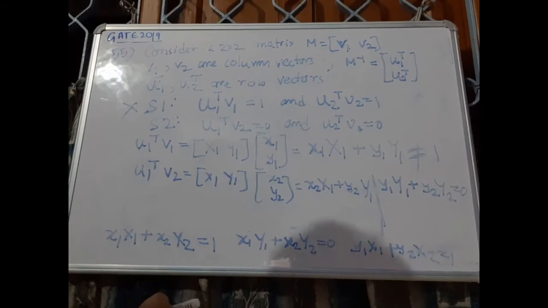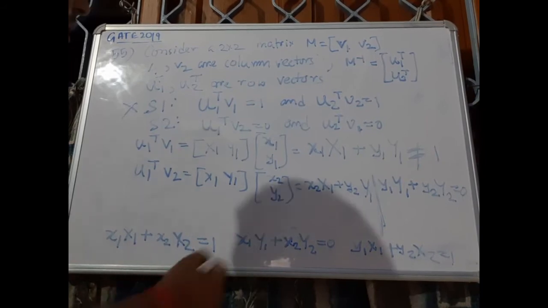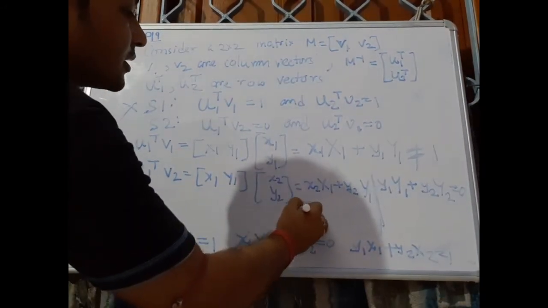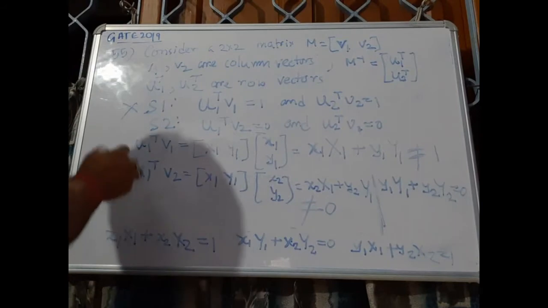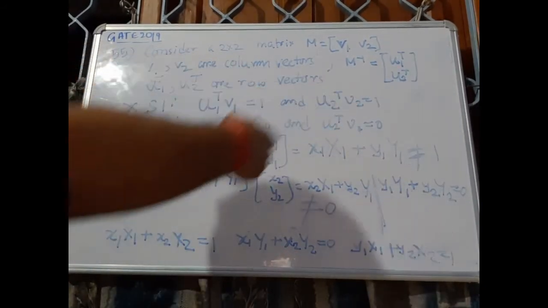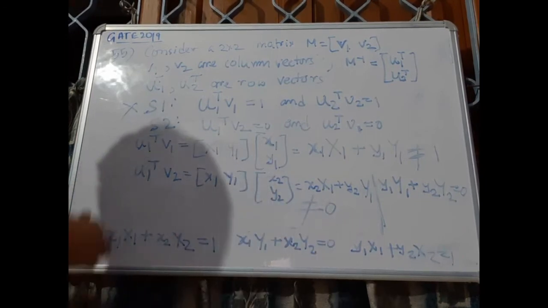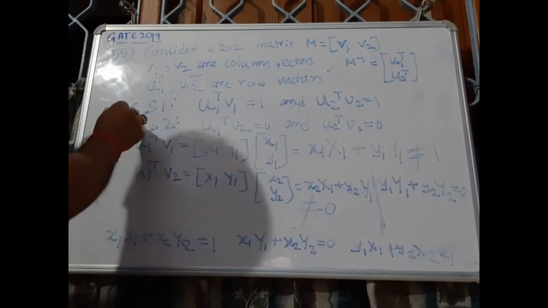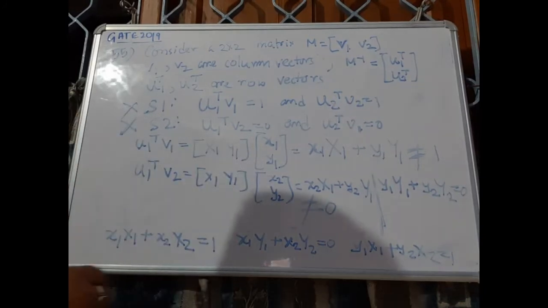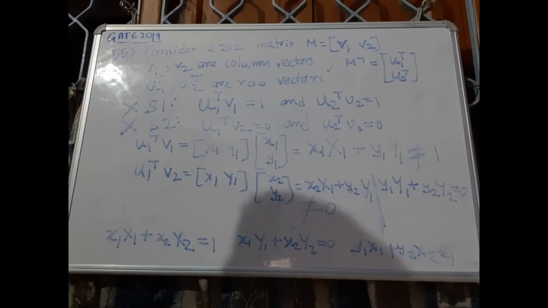So from the condition given in the problem, it is concluded that it is not equal to 0. And if you do the same for U2 transpose and V1, you will get that it is not equal to 0. So statement 2 is not true at all. So both statements are false. So this is the solution.